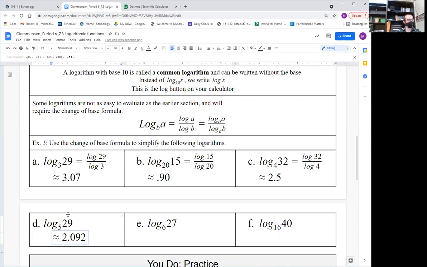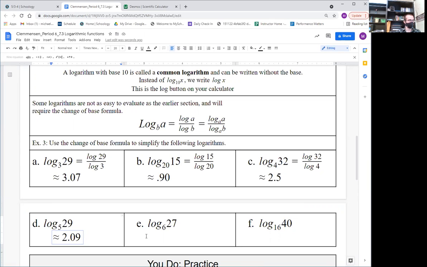When I round, I'm looking at 2 decimal places and I look at the number after it. If that number is 5 or greater, I round up. If it's less than 5, I round down. So since this is 2 and this is less than 5, I'm going to round down. And so this just becomes 2.09.